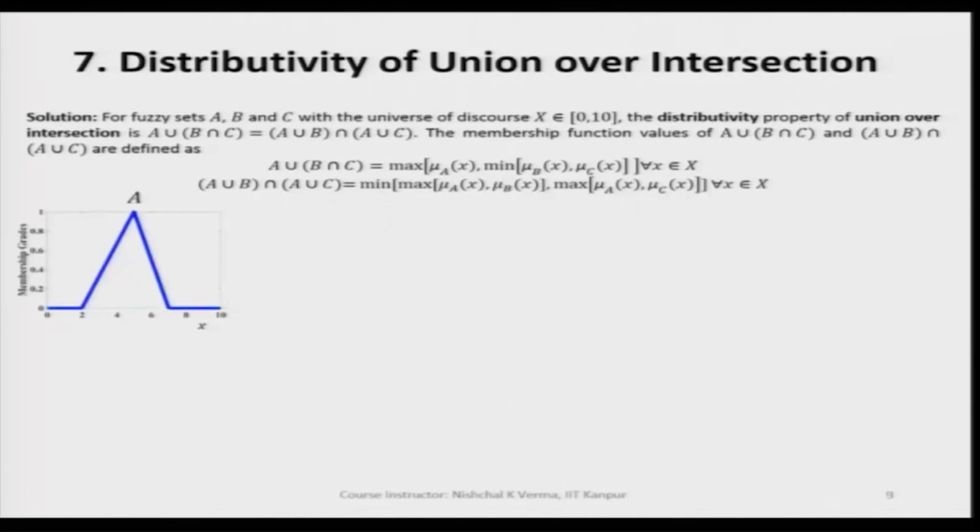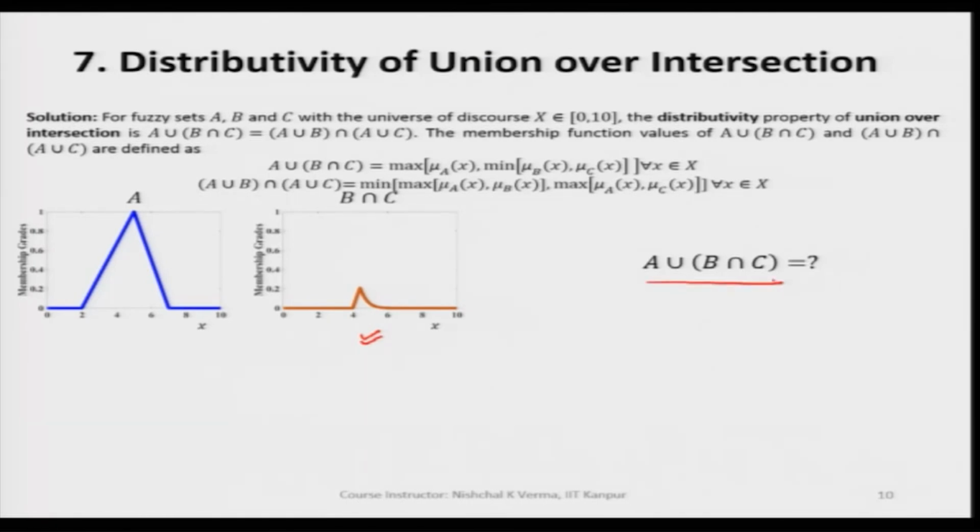Now, what we have to obtain here is a union of A and B intersection C. So, now we take the union of these two fuzzy sets. This is what we have got as B intersection C. Now, we take the union of these two. Let us see what we are going to get.